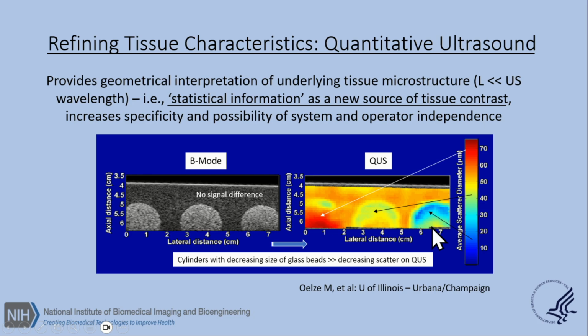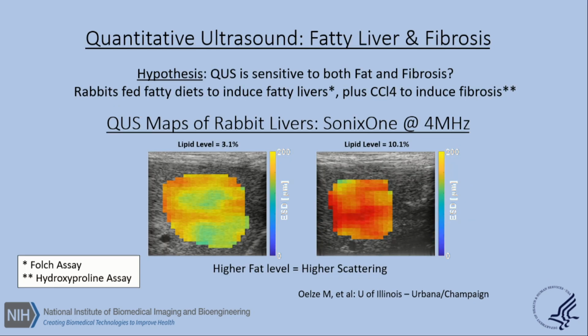So you're doing ultrasound, and you'll notice that the signal that you get is very sensitive as the glass beads go down in size. Well, you get the biggest signals because what we're talking about here is a length that's less than the ultrasound wavelength. Okay, so you can quantify the micro dimension you're looking at with this technology.